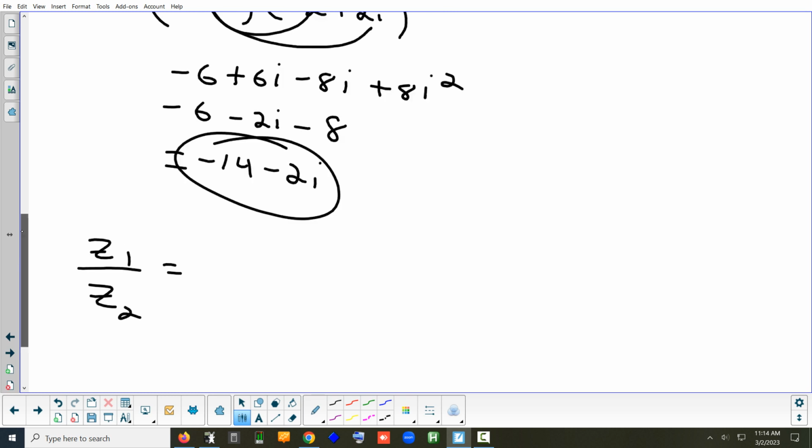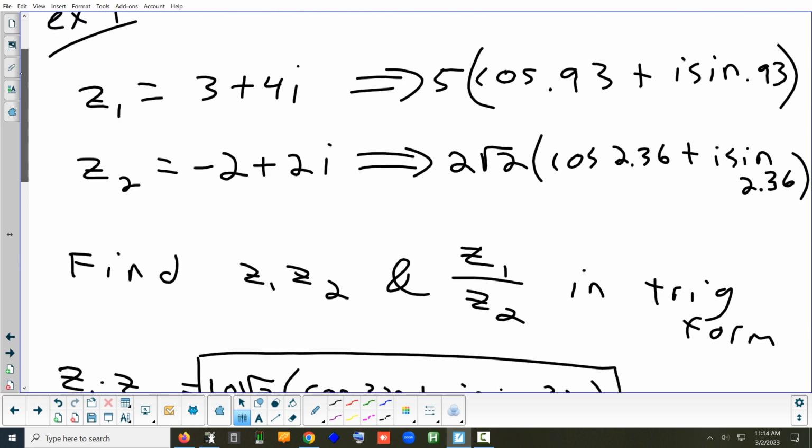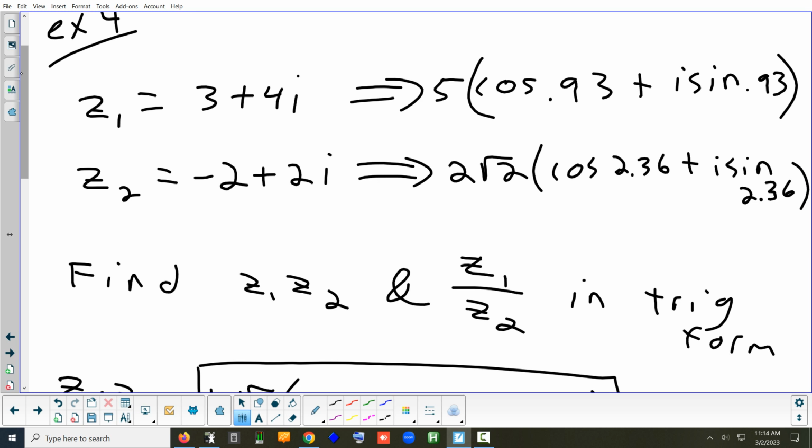Okay. Now I want to divide these two complex numbers. What I don't want to do is multiply top and bottom by negative 2 minus 2i, the conjugate. That's going to take a while. We're just going to use these. So to get my new radius, what do I do with my old radii?